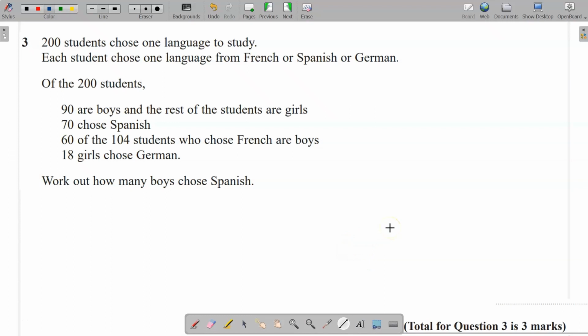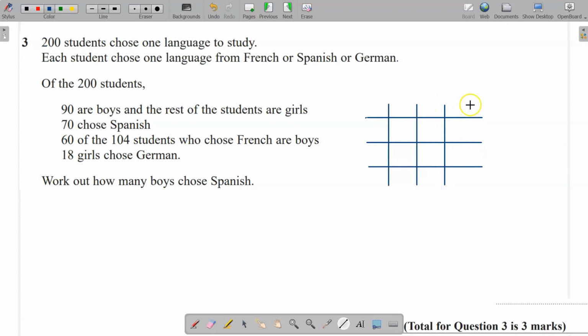In this question, we've got information about 200 students studying languages, either French, Spanish or German, and the students are boys or girls. So we solve this with a two-way table, something like this. Okay, so we set up 3 rows like this, or 2 rows, and then we divide that vertically into columns, and they will represent the languages.